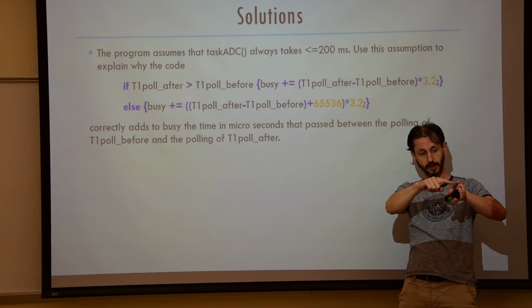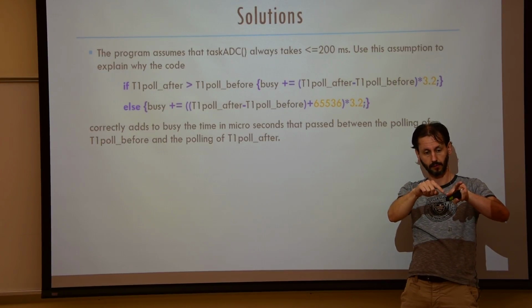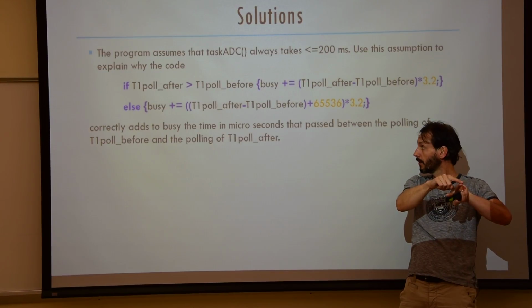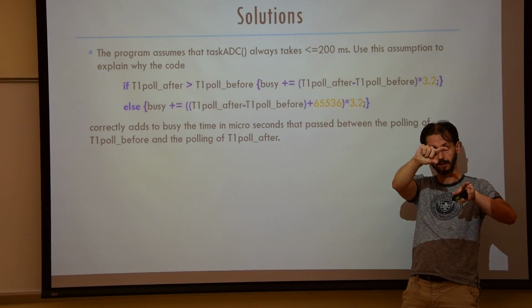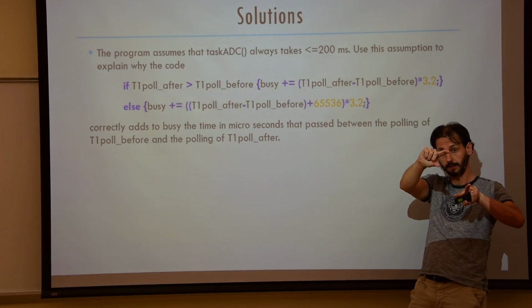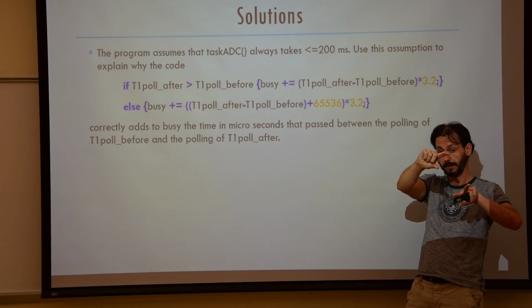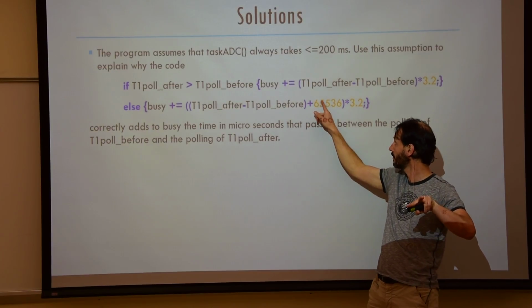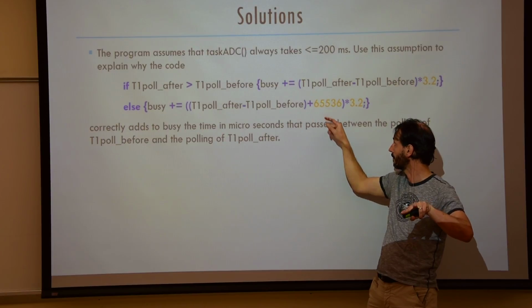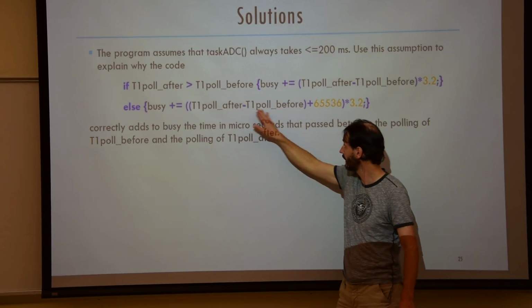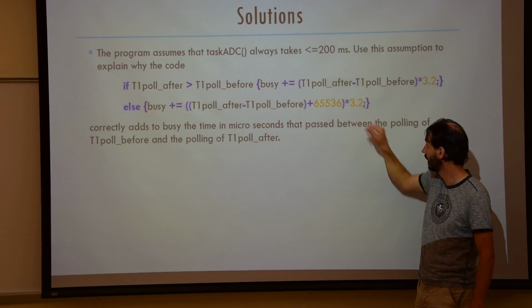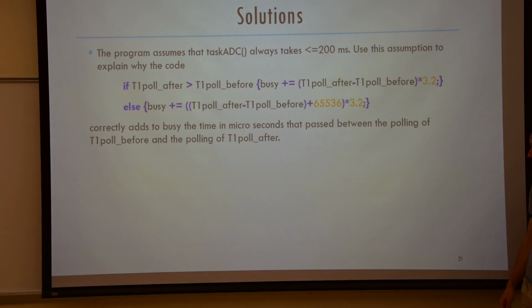Effectively, you want to measure the amount of ticks that lapsed from clearing to T1 pulse after, and you want to measure the amount of ticks that lapsed between T1 pulse before until you got to its maximum count value. So this is what is essentially being done over here, and that's why we see this number in here, and now we multiply that with the number of microseconds for each tick.